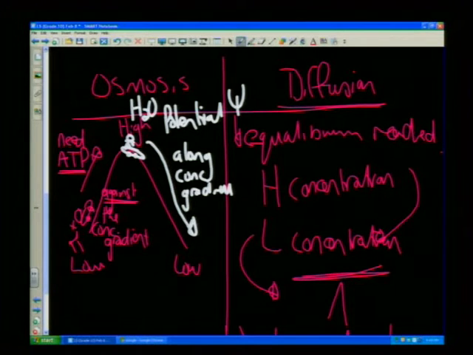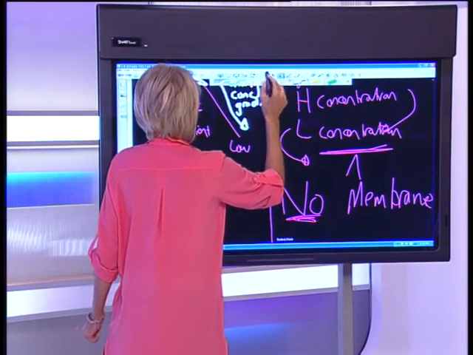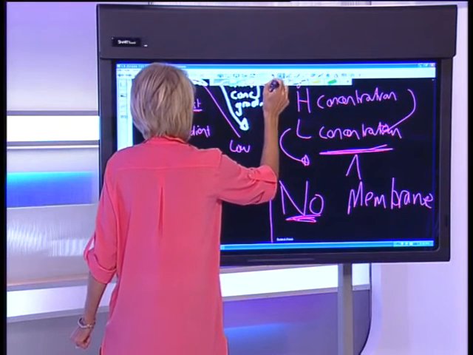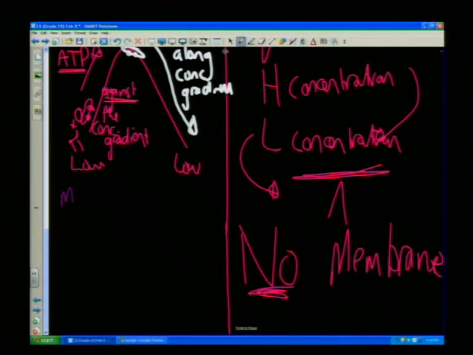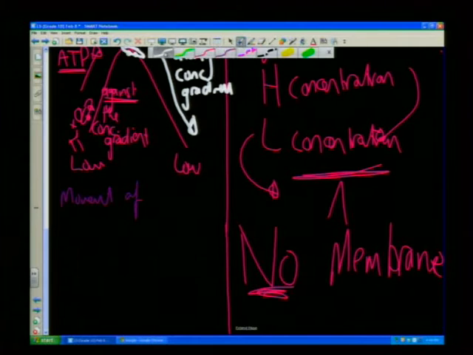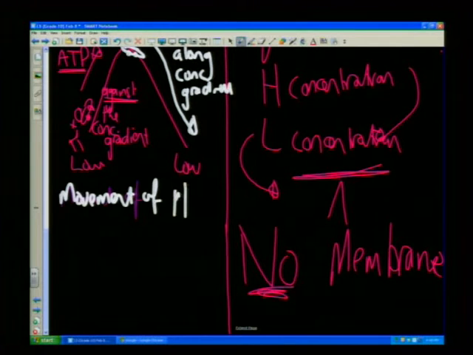So, in short, if we were to define it, I'm going to pick purple for this, osmosis is the movement of, and we can't see this, so we go back to white, it's the movement of water, okay, only.